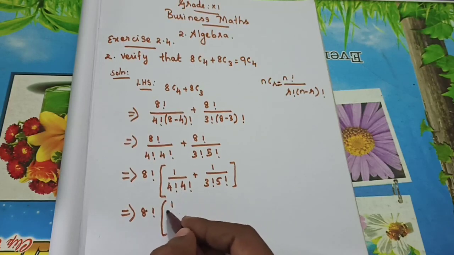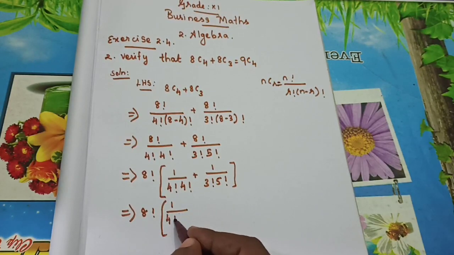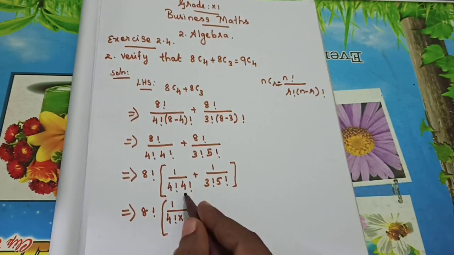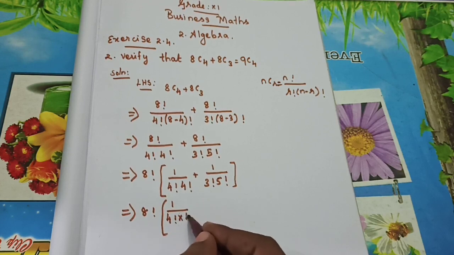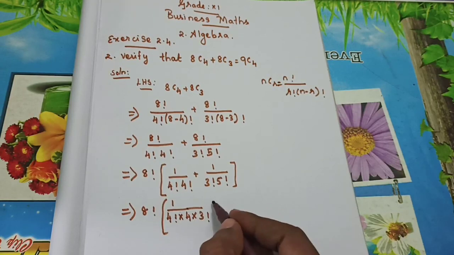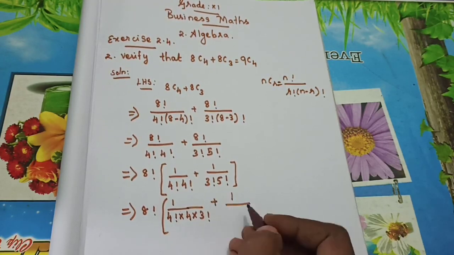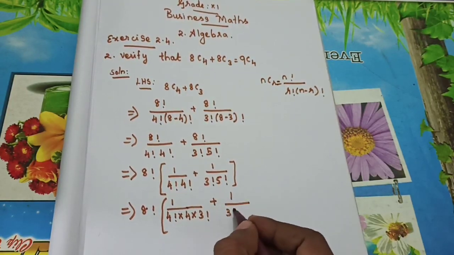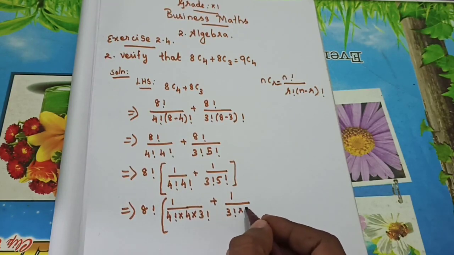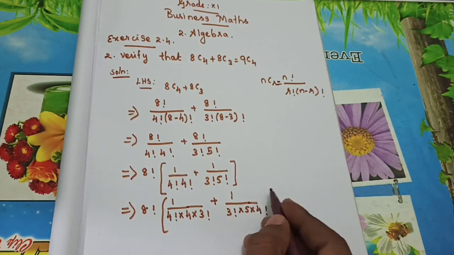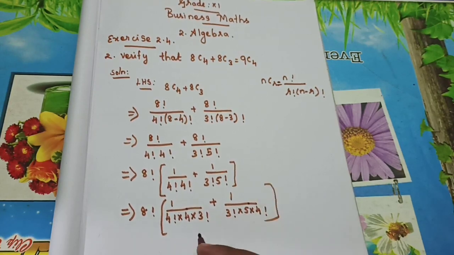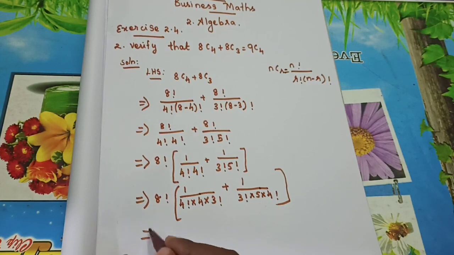So 1 by 4 factorial into, I am going to write this 4 factorial in terms of 3 factorial. If you need 2 factorial also, you can write. That one you have learned already. So 3 factorial 5 factorial, shall we write it in the form of 4 factorial? So 5 into 4 factorial. Now, shall we take another common outside?